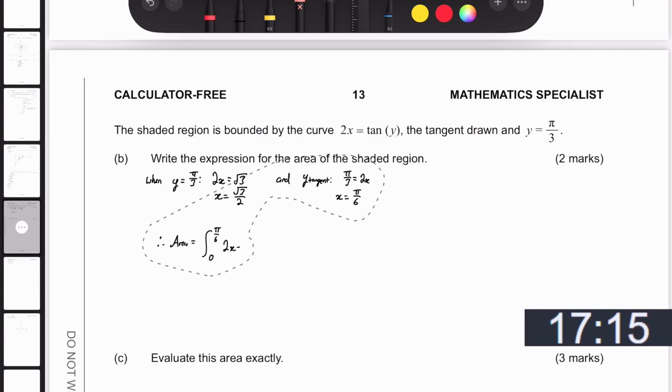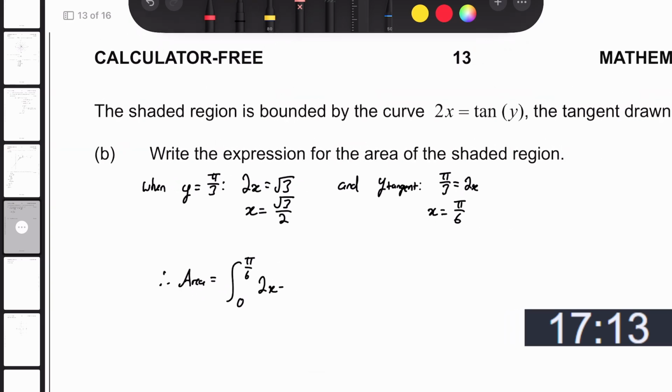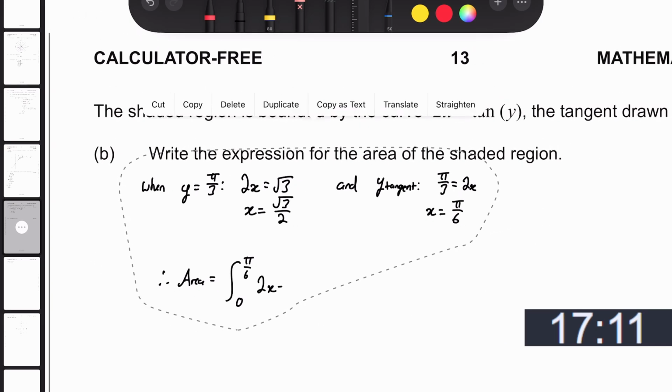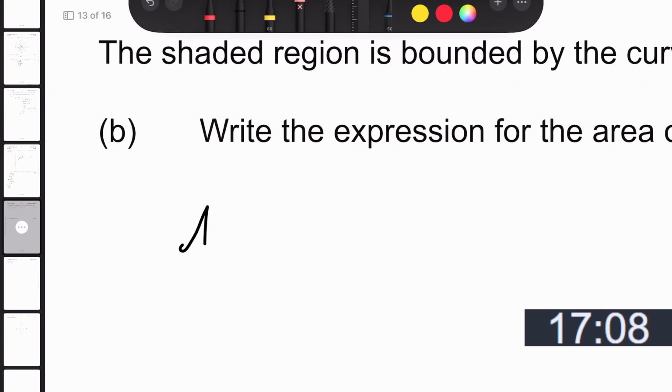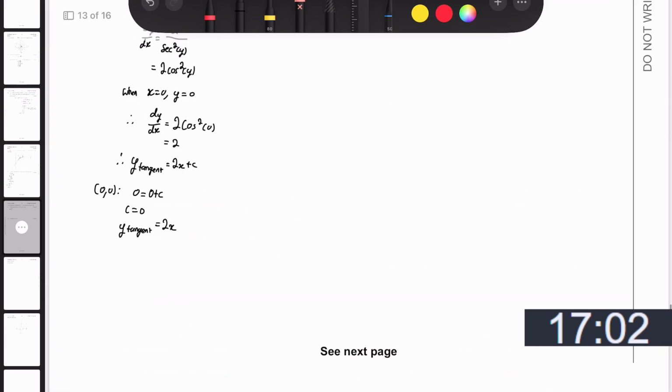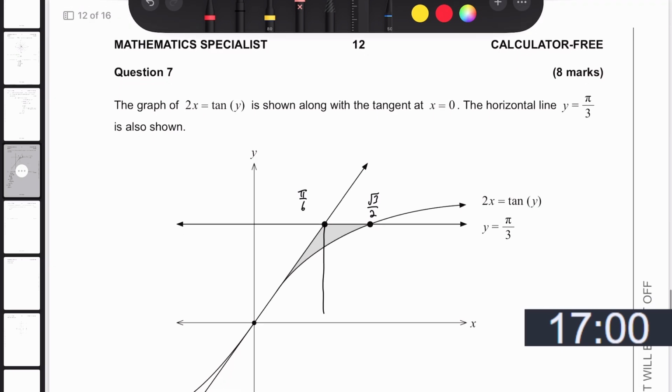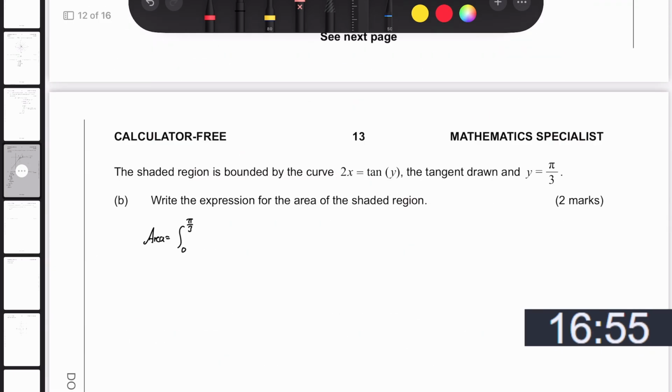Let's just do this. So area is going to be equal to 0 to pi on 3, and the whole time this 2x is above.